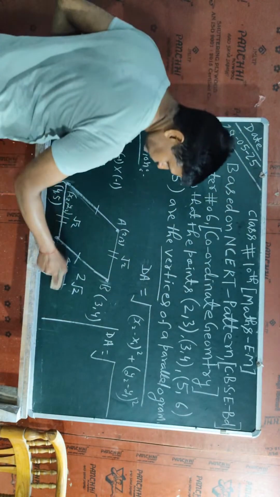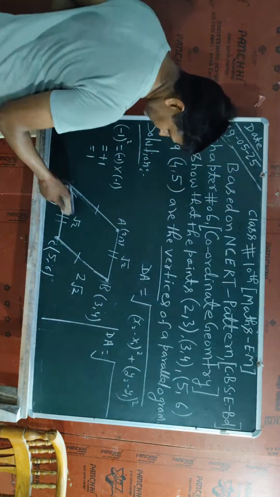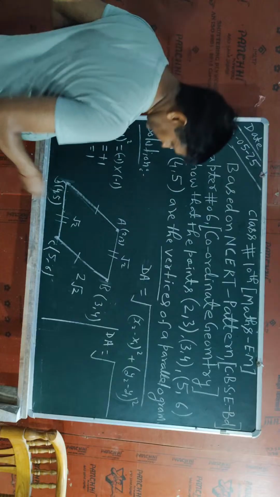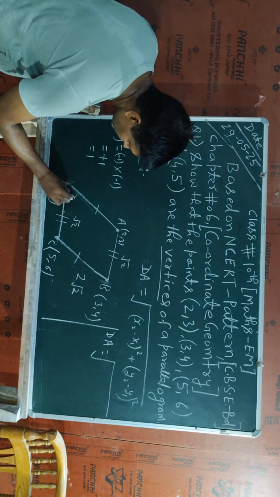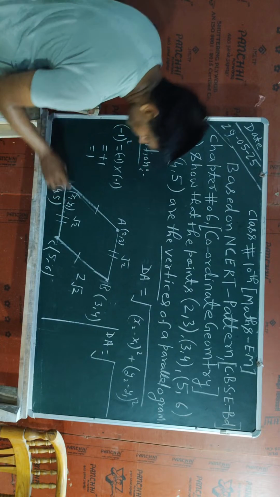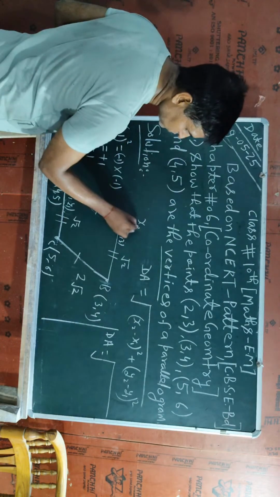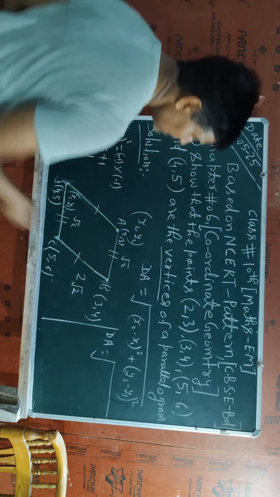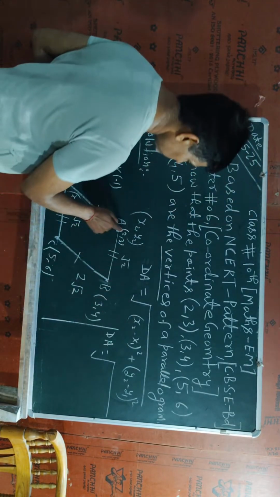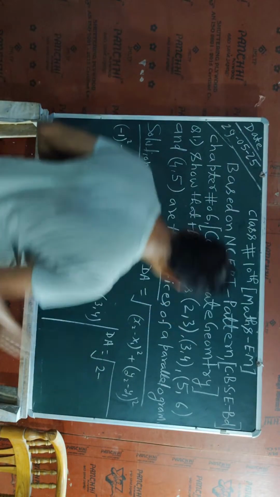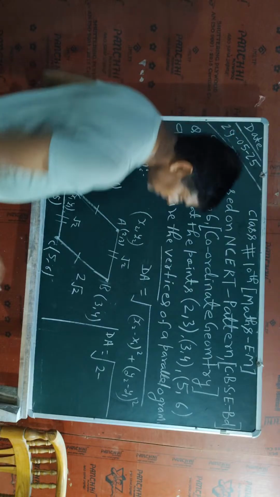Now here I am going to erase this one. Again I will assume its value, and then I will apply. This will be x1 comma y1, and here this will be x2 comma y2. Now I will use the same formula, x2 minus x1 whole square. The value of x2 is 2, so here I will put 2 minus x1, that is minus 4.